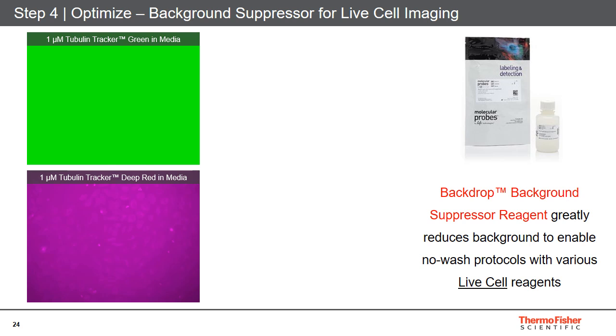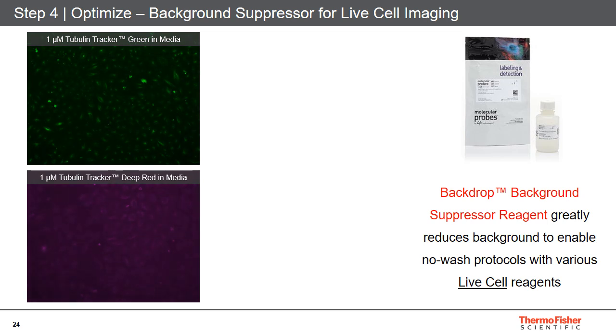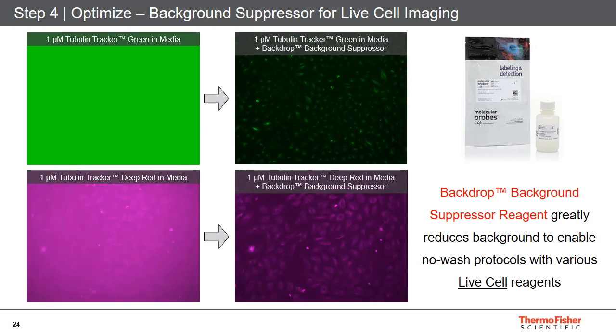Now, if we take a live movie of this acquisition and we flow in the BackDrop suppressor, we see that as soon as the BackDrop is applied and incubated with these cells, it successfully quenches all signal outside of these cells. Again, the idea here is that it's a general quencher of fluorescence, which is not able to cross the cell membrane.